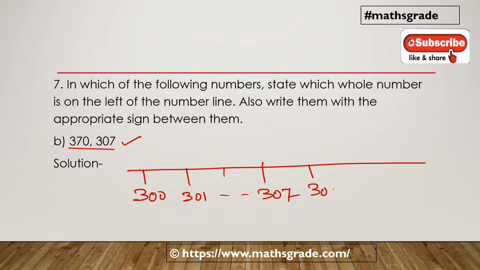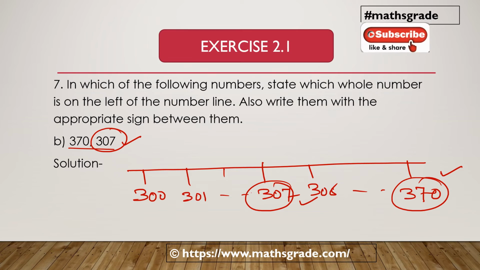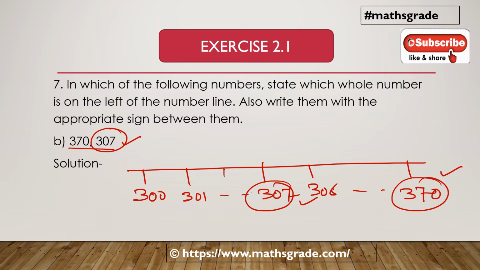Then 308 like this, then 370. And 370 is the bigger number than 307. So 307 is on the left of the number line. And between 370 and 307, 370 is greater than 307. So the appropriate sign is the greater than symbol.